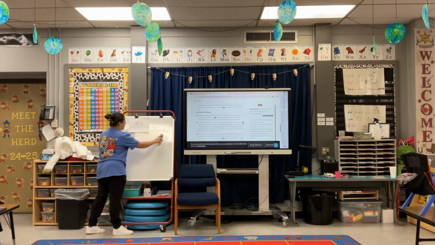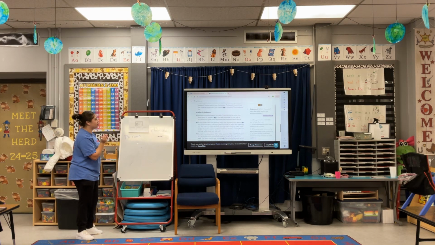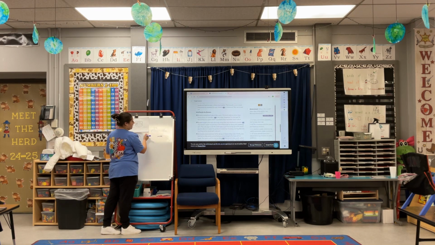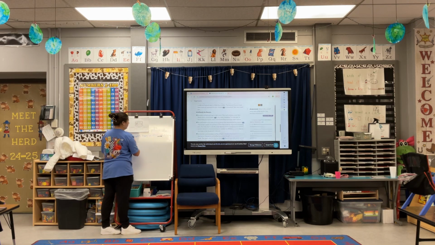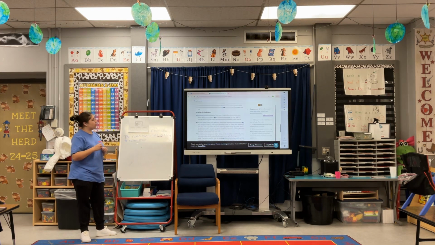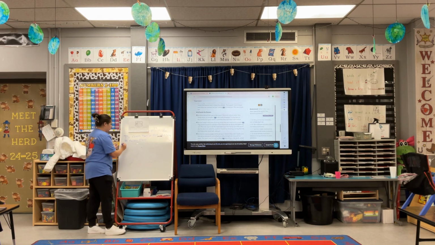So the raven had to use a string to collect the meat. They then use the string to collect the meat. So let's look at those details, okay?